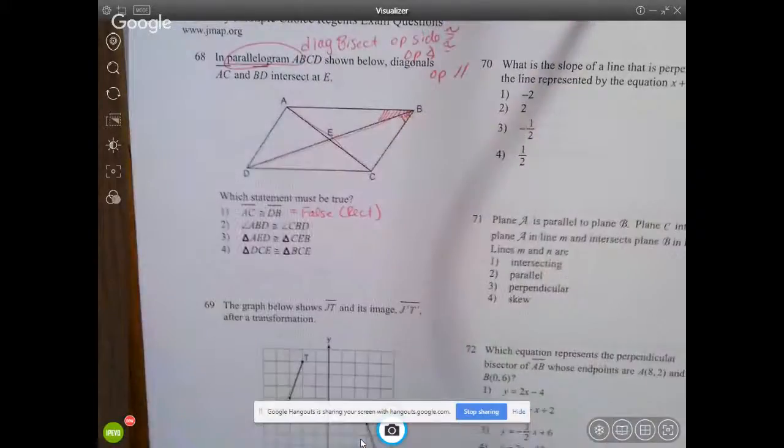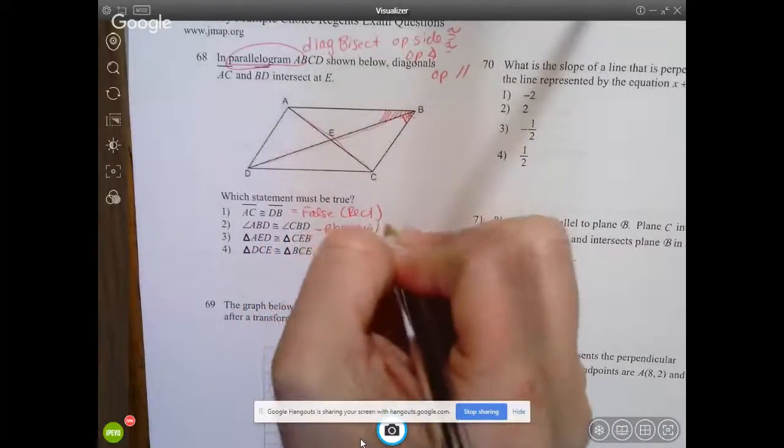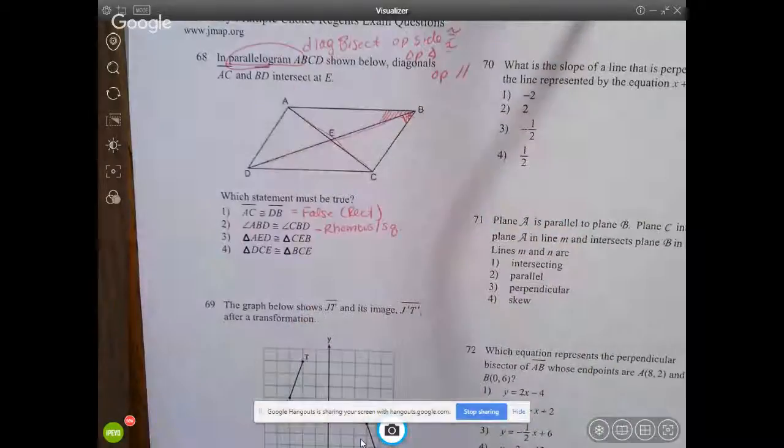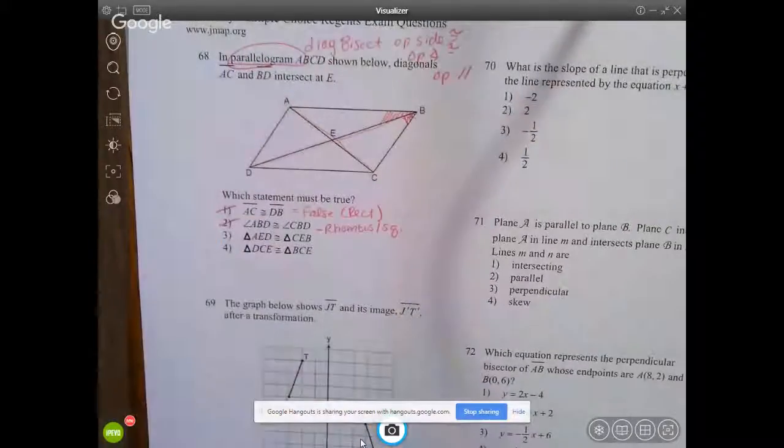Well, you can tell by the picture that's not true. That's only true when it's a rhombus or a square. A rhombus or a square, the diagonals bisect the angles. So it's not choice 2. So we have to remember the shapes. Yes. Correct. Yep. That's one of the things on the to-remember papers I gave you.